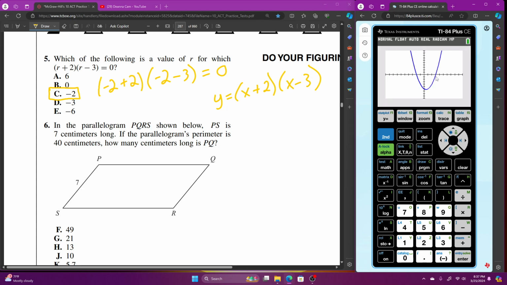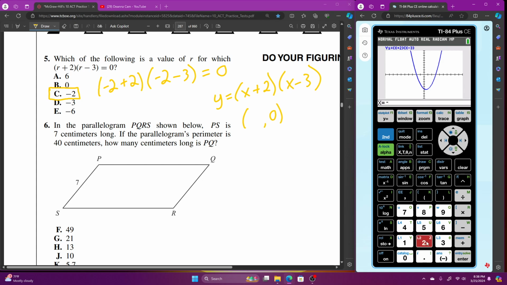And then when we click graph, we see our answer. So we want to see when y is 0, what is x? And you can look right here on the graph. Graph, trace.